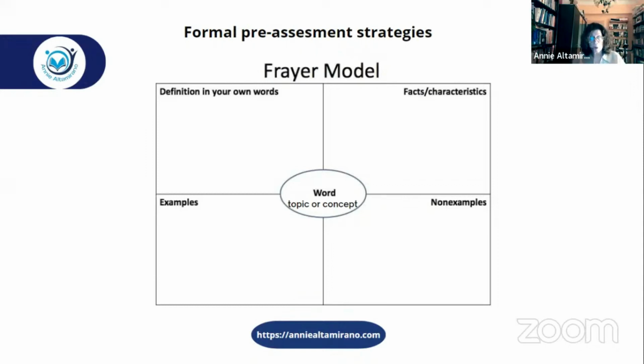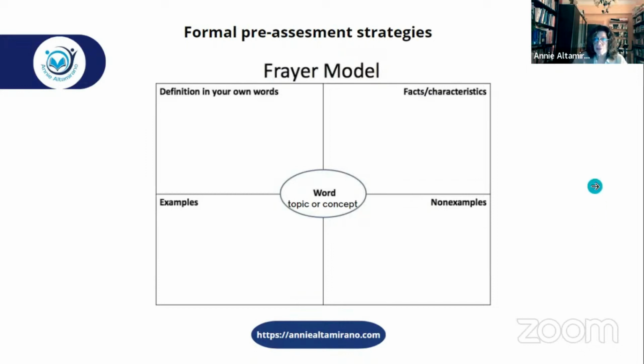But both versions of the assessment should measure the same K, U, and Ds, the same knowledge, understanding, and do. That is very, very important.